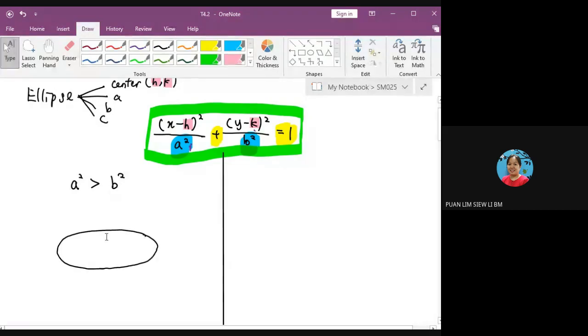So kalau A square besar daripada B square, maksudnya benda yang melintang besar daripada benda yang menegak, maksudnya this will control your ellipse secara melintang. So you punya ellipse akan tidur, jenis tidur macam ni lepai punya. So kalau keadaan B square lagi besar daripada A square, then ellipse kita akan menegak. Because the factor of vertical will be controlled by B.